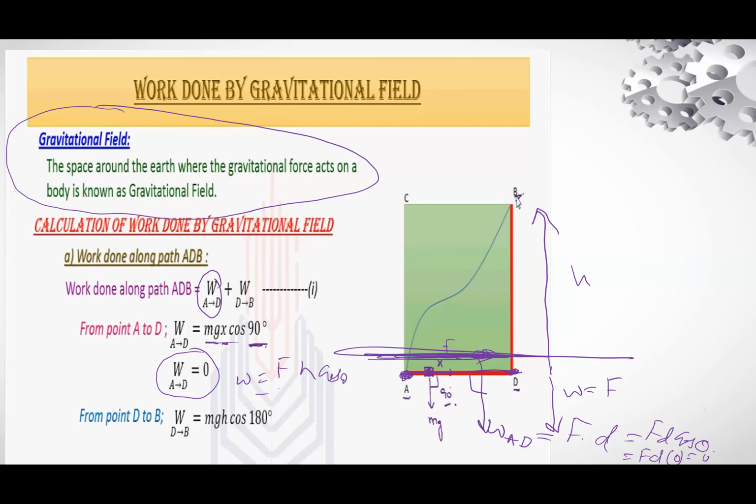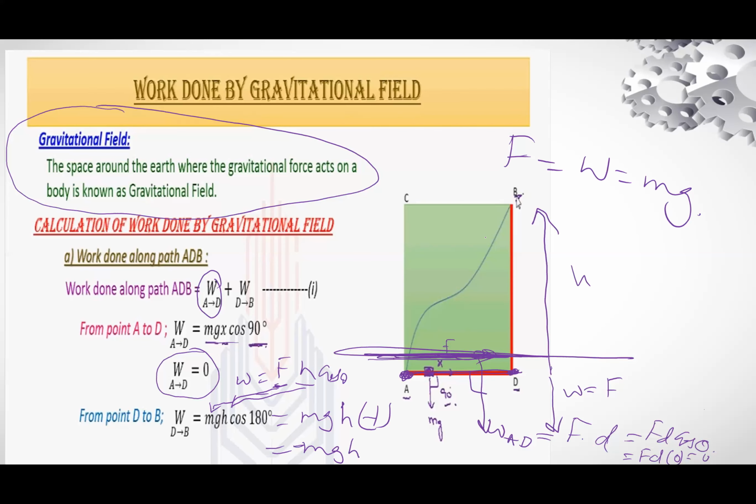In place of F, we will write mg, because F is equal to the weight of the body, which is mg. In place of d, we write h, and cos 180 is equal to -1. So this is equal to mg h times -1, which is minus mgh.